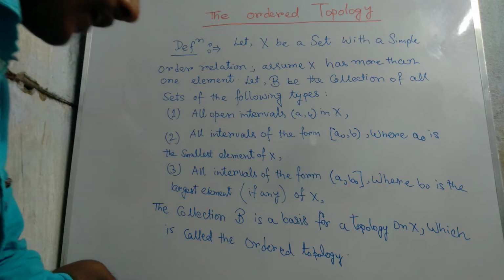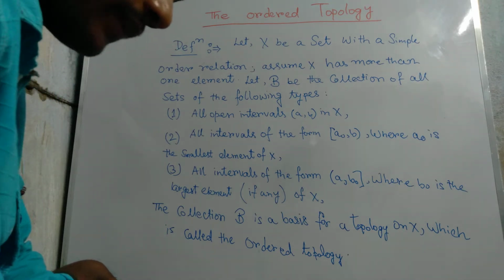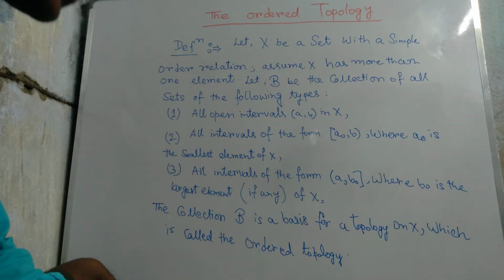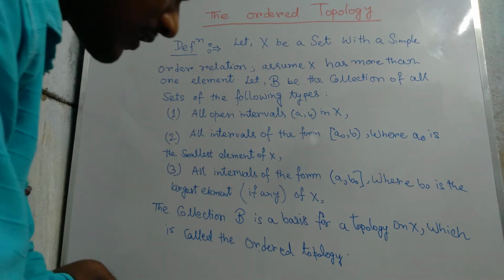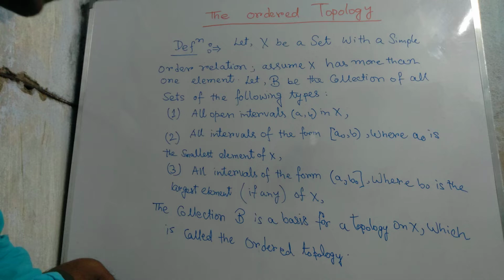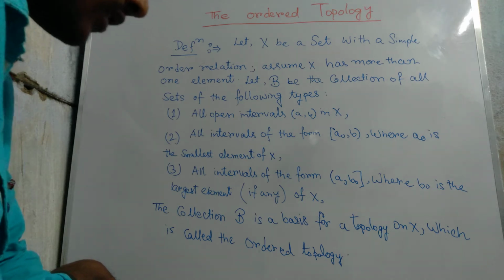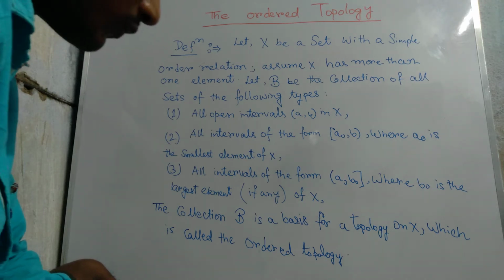This beta double dash forms a topology, called the K topology. Then we further discussed that the lower limit topology R_L and the K topology R_K are strictly finer than the standard topology and are not comparable with one another.